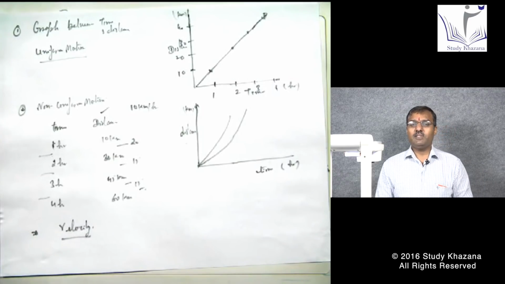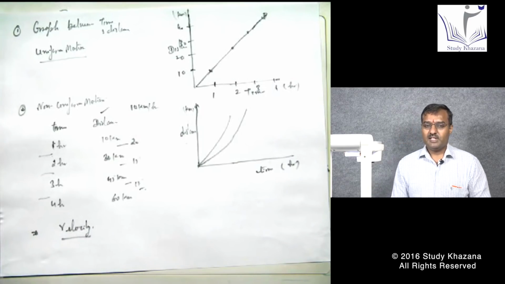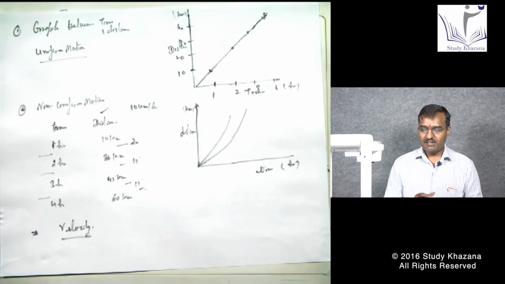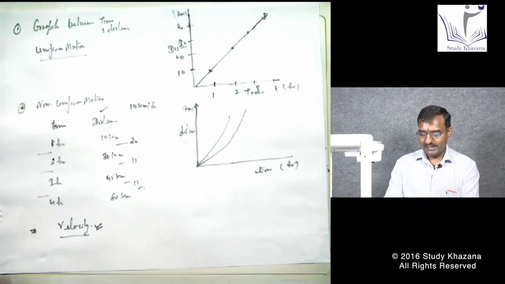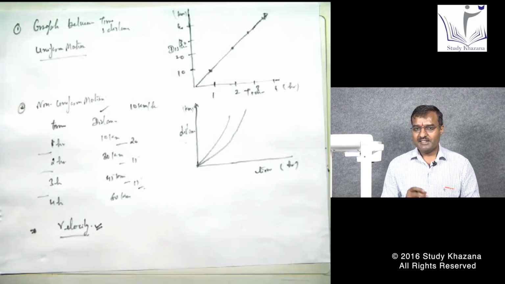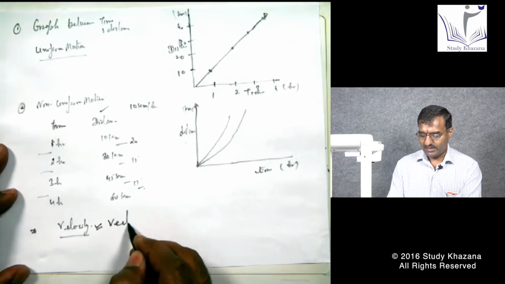Now what is the difference between speed and velocity? Just as we see the difference between distance and displacement, in the same way we can define the difference between speed and velocity, because velocity comes with direction. Velocity is a vector quantity.